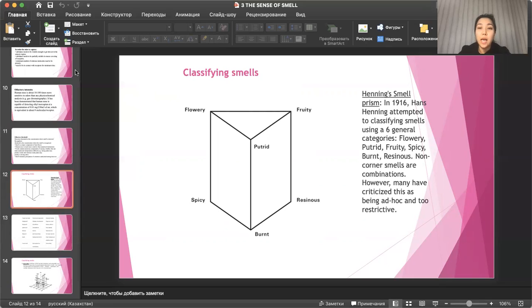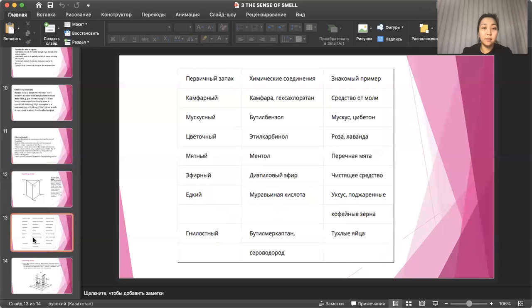So it means that he thought that people can determine only 6 basic smells. For example, here you can see the translation of this. For example, flowery, ethyl carbonyl is a chemical compound, and a familiar example is rose or lavender.